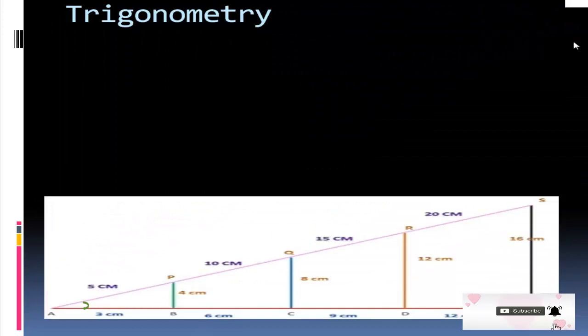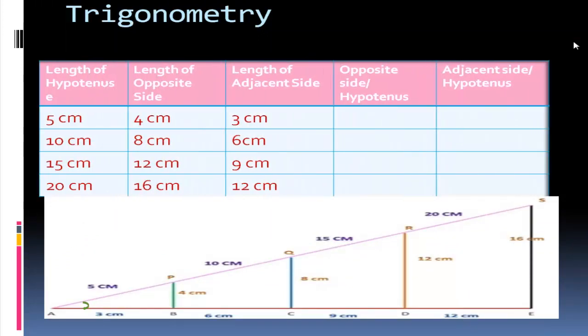Now create the table for this activity. This is the length of the hypotenuse, length of the opposite side, length of the adjacent side. For the triangle ABP, length of the hypotenuse is 5 centimeters, length of the opposite side is 4 centimeters, length of the adjacent side is 3 centimeters.